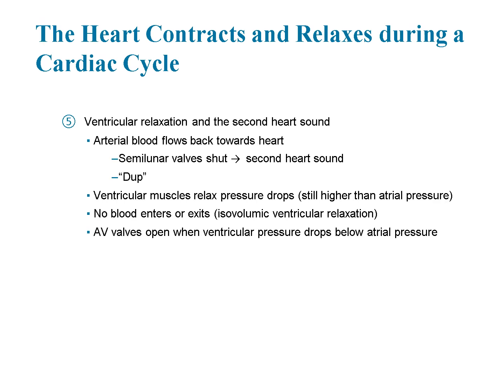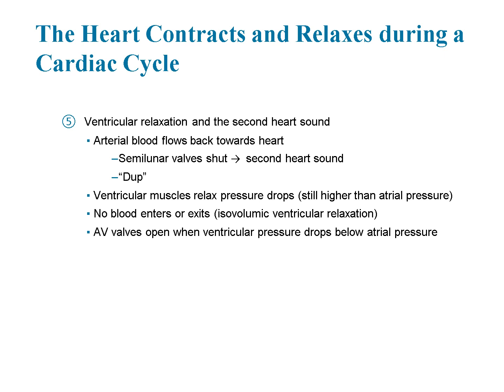The final phase of the cardiac cycle is ventricular relaxation, which prepares the heart for the next beat and completes one full cycle. As blood in the arteries begins to flow back toward the heart, the semilunar valves close, preventing backflow into the ventricles. The vibrations from this valve closure produce the second heart sound, commonly heard as "dup" during auscultation.